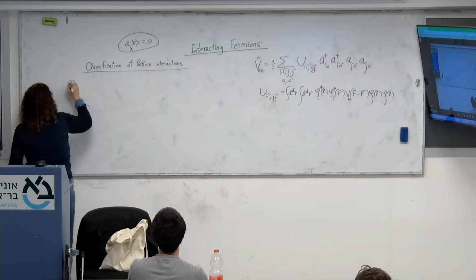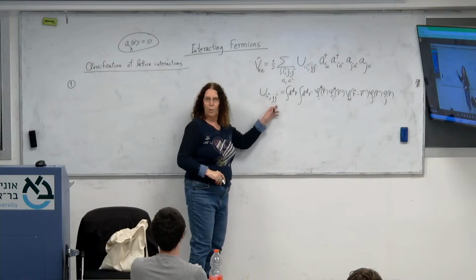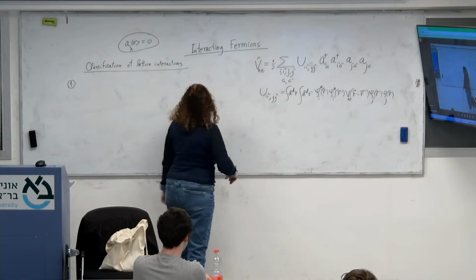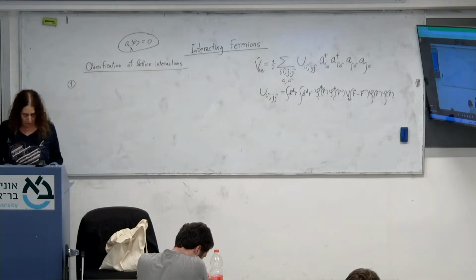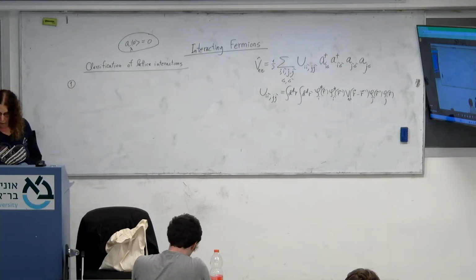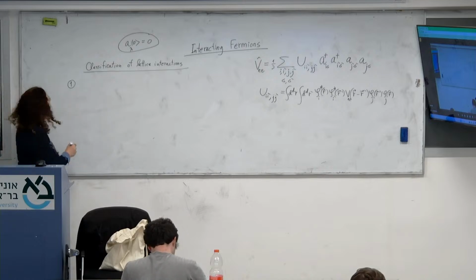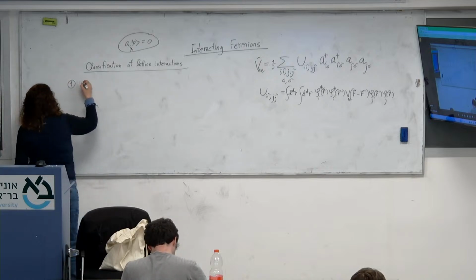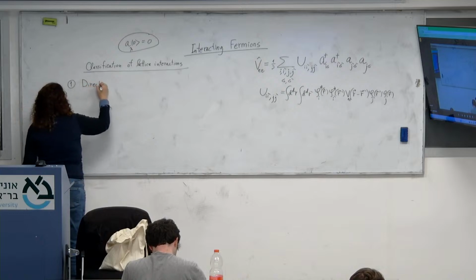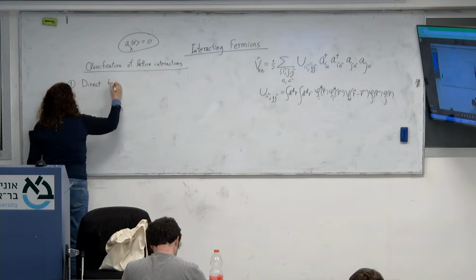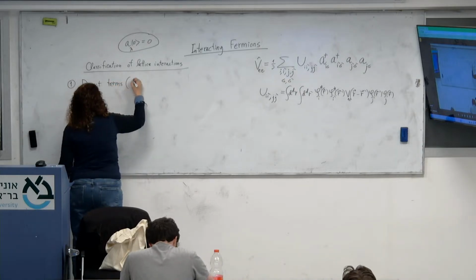So I'm going to look at some special cases of the choice for these indices. And the first one is going to be something that I will call direct terms, or Hartree.